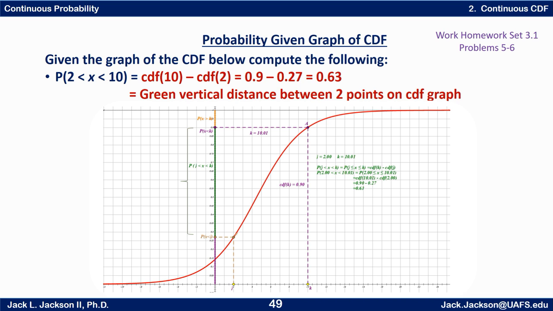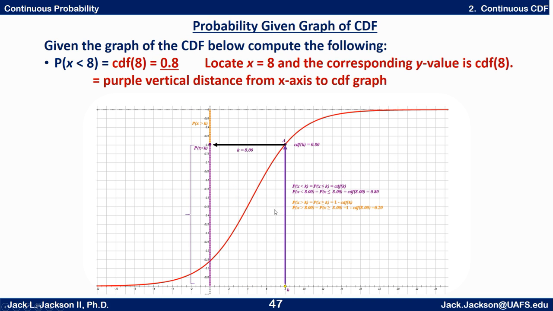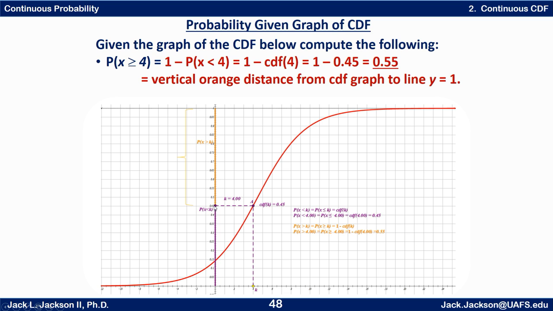So notice, some way or another, you can always see the probability as the length of a vertical line. It's the actual y value, which is the length of this purple vertical line from the axis up to the point, when it's a left probability or less than probability. It's this orange distance from the point up to the line y equals 1 if it's a right probability.